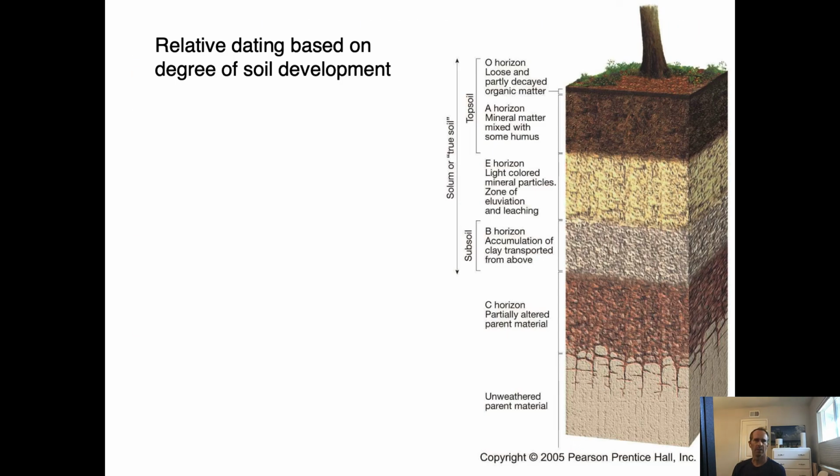Like for example, on the Newport Inglewood field trip, at the first stop, I was talking about those two different terraces at Bolsa Chica, and I was like, if I don't know the exact ages of these, how could I tell whether they are the same age or whether the higher one is actually older? The correct answer is to look at the soil development on each terrace.